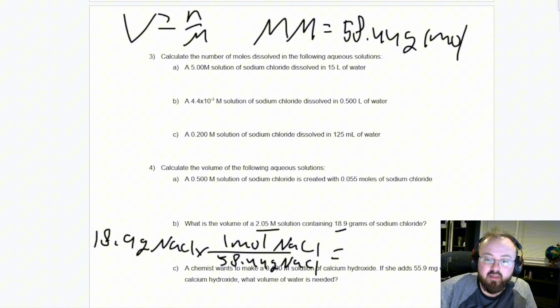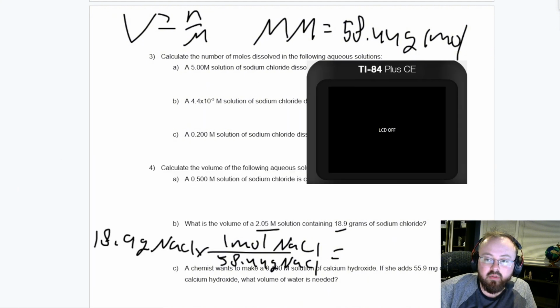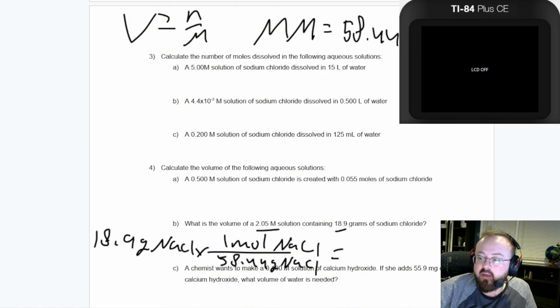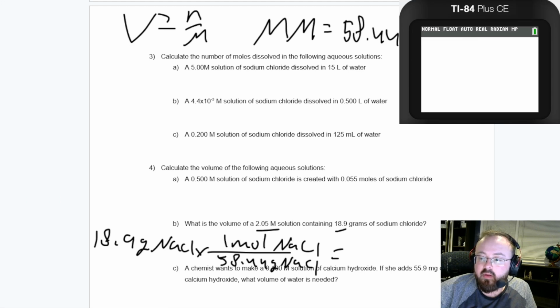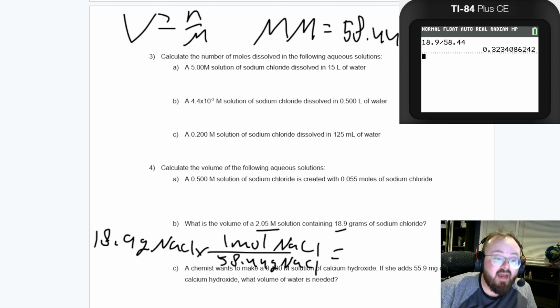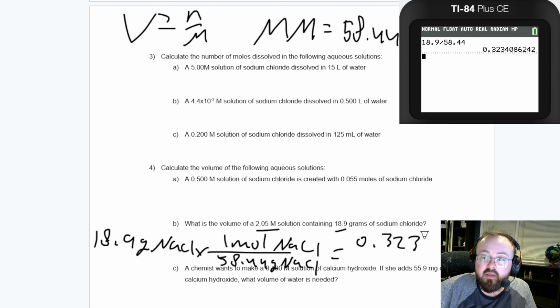Let's bring up the calculator again. 18.9 divided by 58.44. This gives me this value. I'm not going to round this just yet. It's equal to 0.32340. We'll call it 9. We'll round it there. Moles of NaCl.